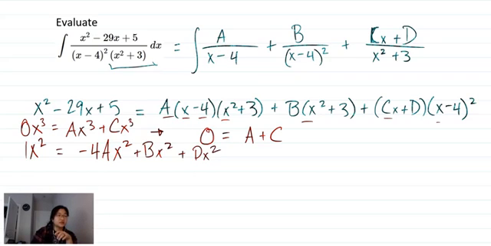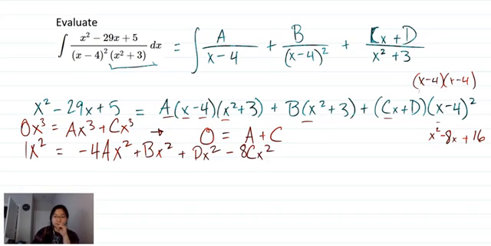Oh, there's also the C, because we have x minus 4 times x minus 4, which is x squared minus 8x plus 16. So we also have a minus 8C x squared.